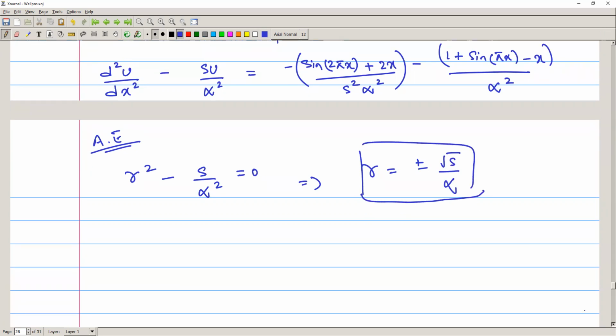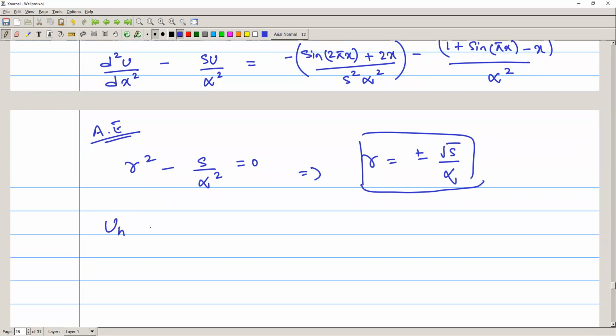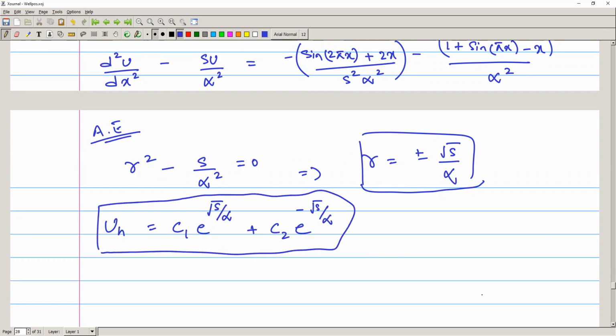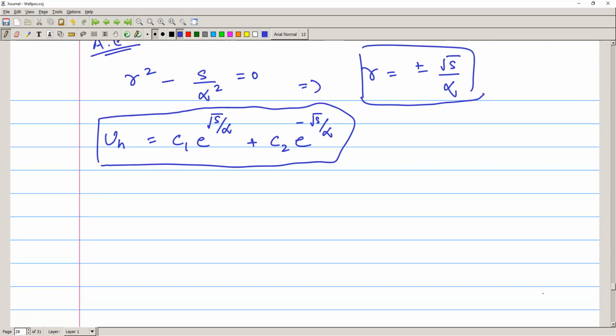So the homogeneous solution will be U_H is equal to C1 e to the power square root of s over alpha plus C2 e to the power negative square root of s over alpha. So this is the homogeneous solution, right? Now we will search for the particular solution.